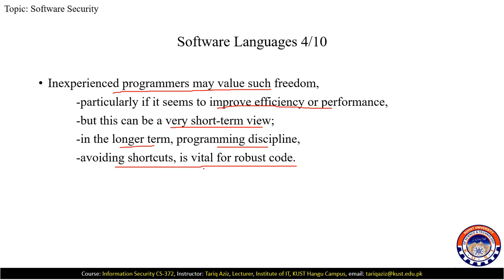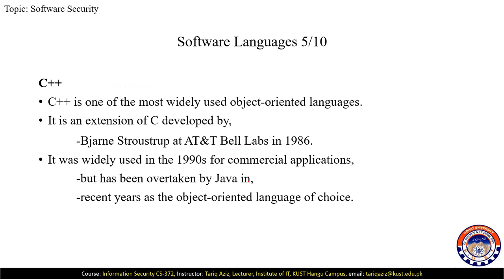So it says that if we search for shortcuts while we are doing programming, then it's not good for robust code. So, dear students, now we know what the pitfalls of the C language are.